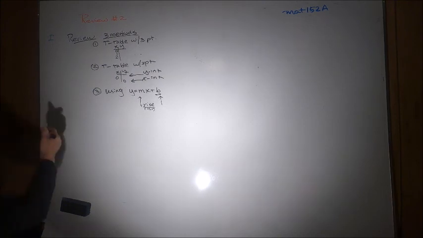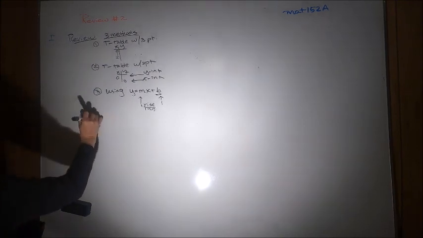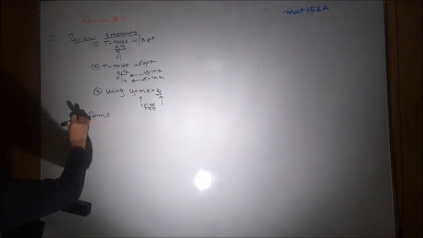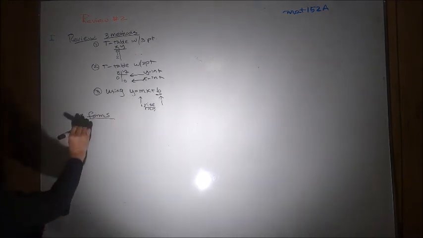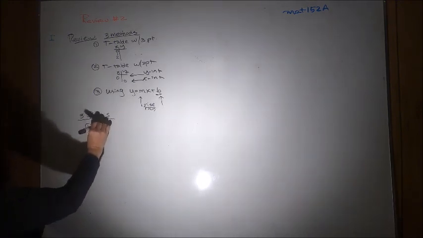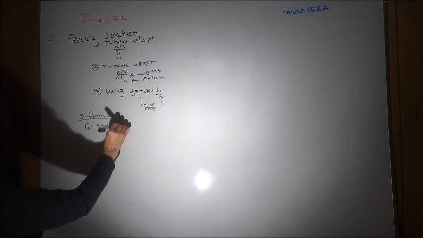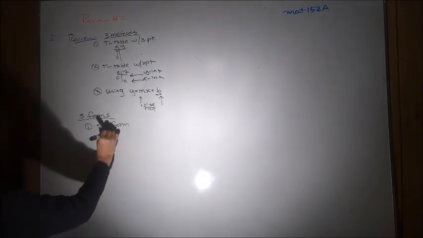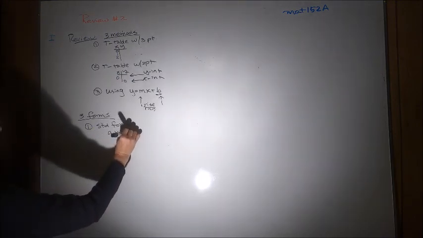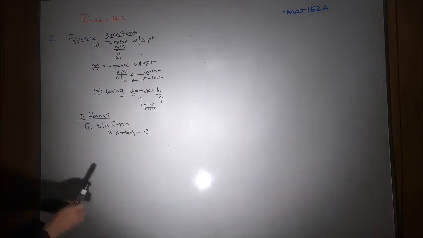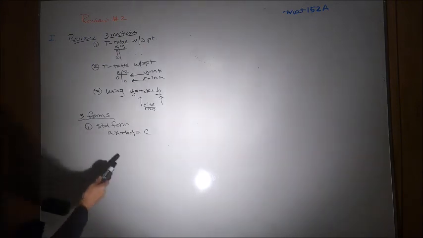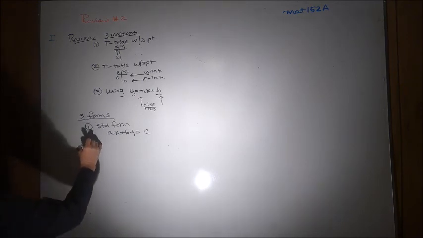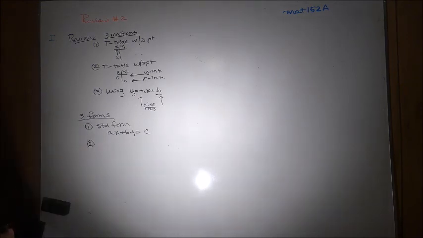Then we say you have 3 forms. Which 3? First one is what? Standard form, right? That would be Ax plus By equals C. Of course, you have restrictions. A, B, C are real numbers, and A, B cannot both be 0, right?